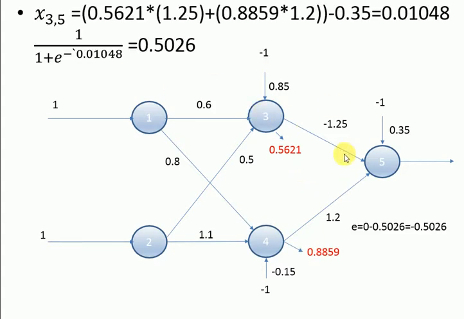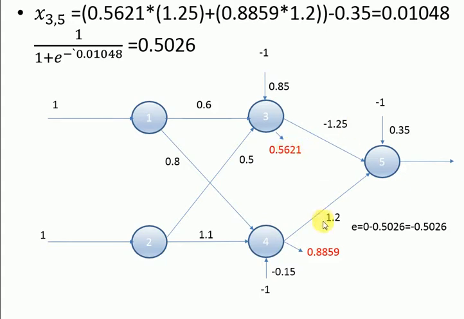Now for unit 5: 0.5621 into minus 1.25, and 0.8859 into 1.2.